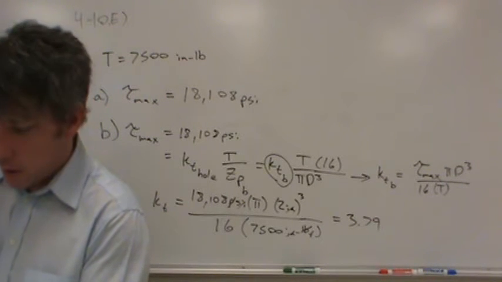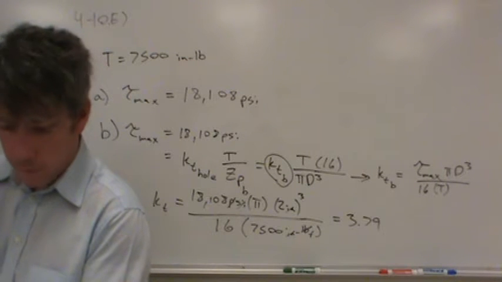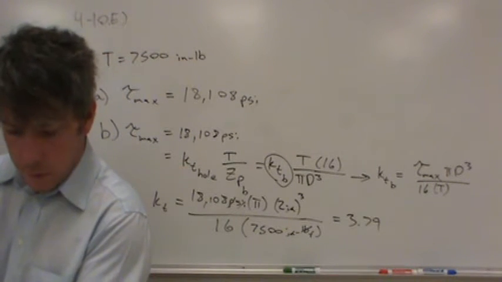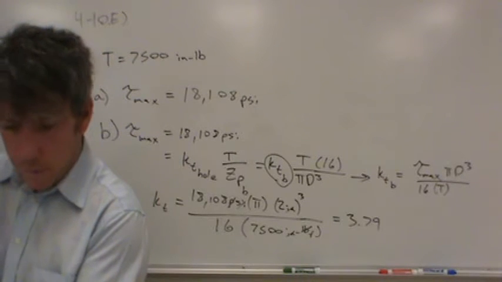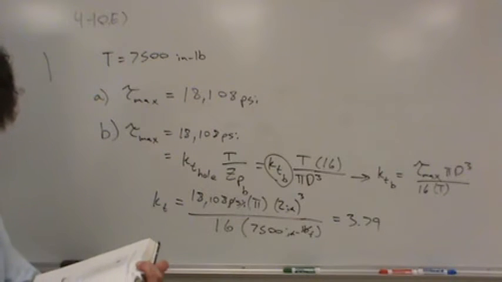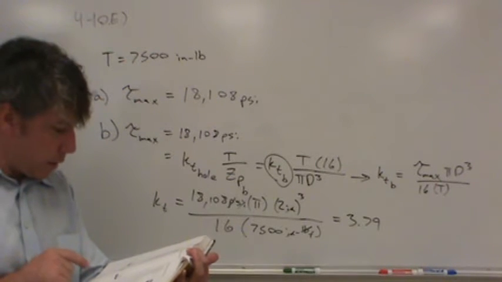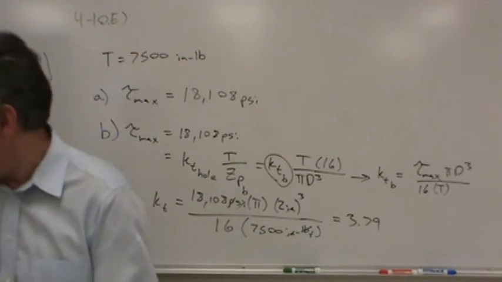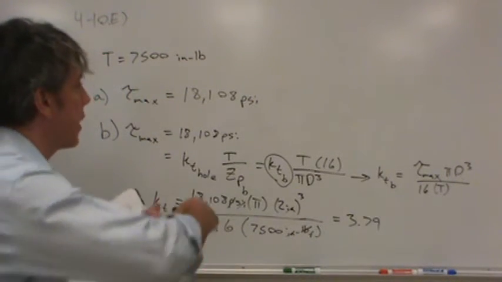So let's see. Here we go. Page 728. So the curve we want to look at is curve C. Now on the x-axis we've got a diameter ratio, so we've got to figure that out first.